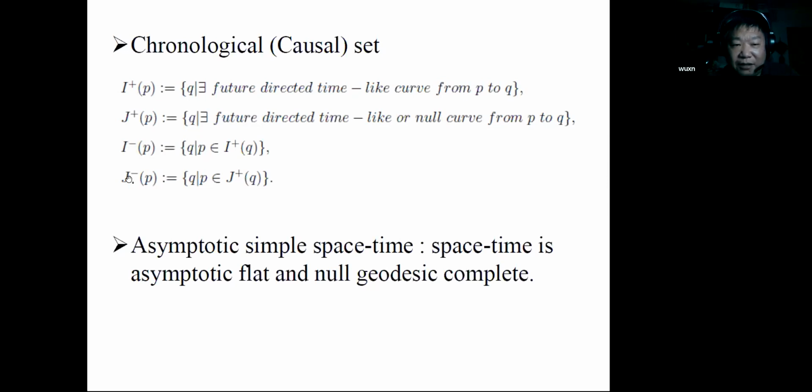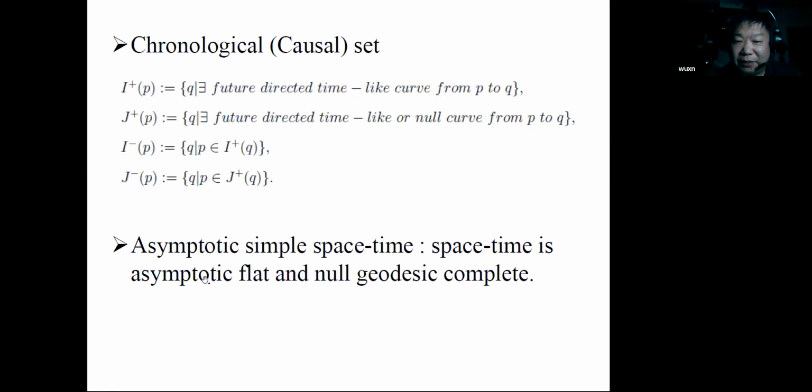I minus and J minus are defined in the same way: plus means going to the future, and minus means going to the past.